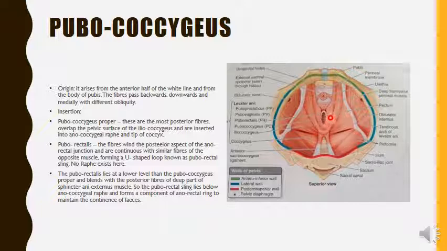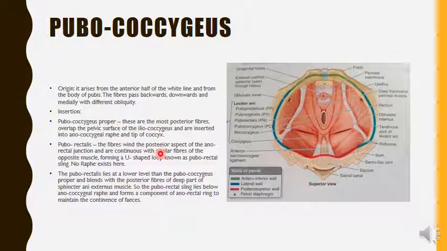So here there is no raphe, that point you have to remember. The muscle fibers themselves form a U-shaped loop around the posterior aspect of the anorectal junction. So this U-shaped loop is called the puborectal sling. So that is the puborectalis part of the pubococcygeus.